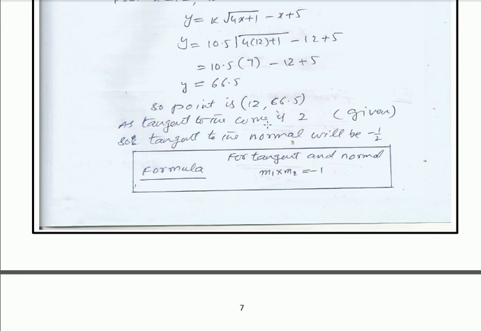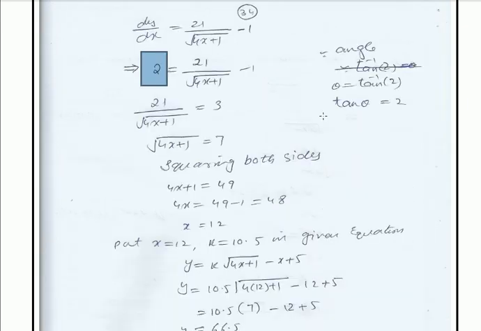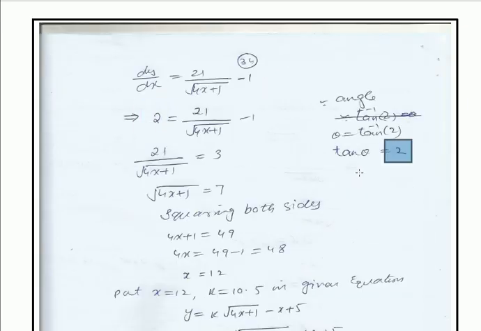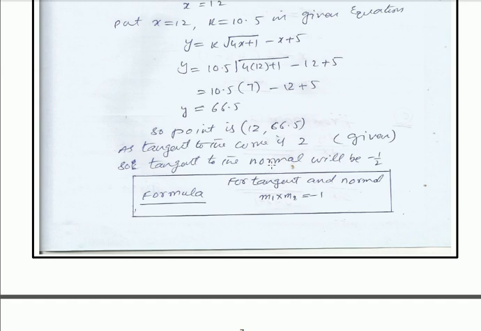The slope of the tangent to the curve is equal to 2. We know that when the slope of the tangent is given, we can find the slope of the normal.